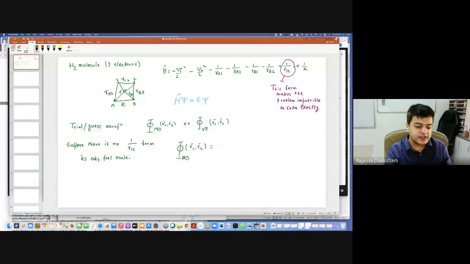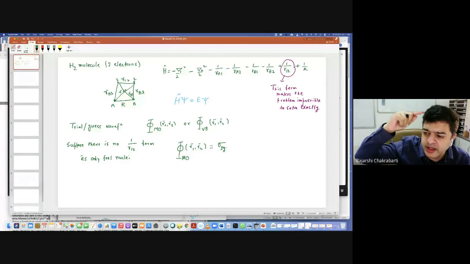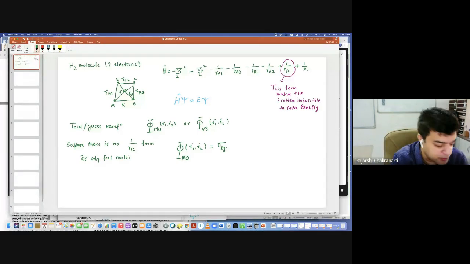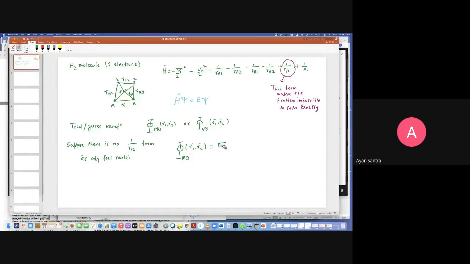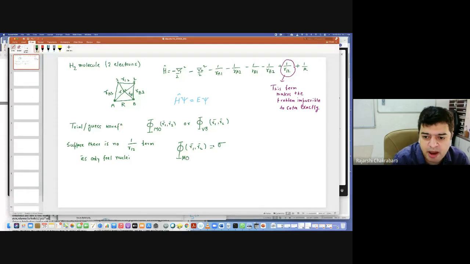What will be the trial wave function in this case? This is from your molecular orbital, sigma. So both the electrons are in the bonding MO. You remember, bonding MO means sigma g 1s. Yes, sigma g 1s. Time to time, please answer. Otherwise, it's very difficult for me.